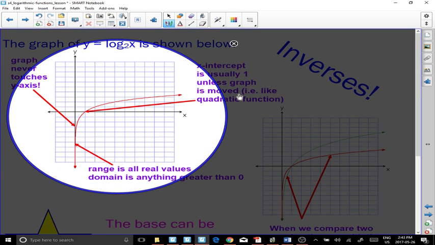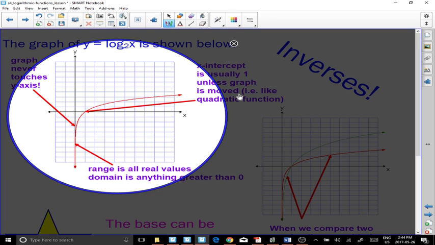What we see is the graph comes close, but never touches the y-axis. It comes up and generally has an x-intercept of 1. There's no y-intercept. Okay. The range is all real values.